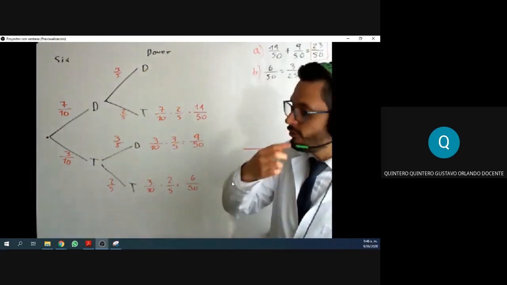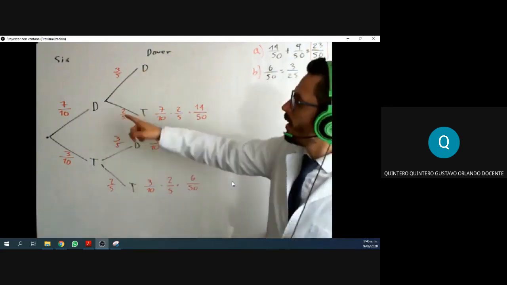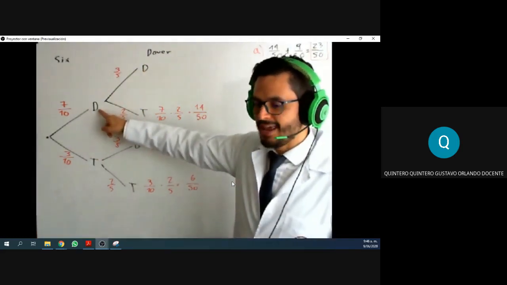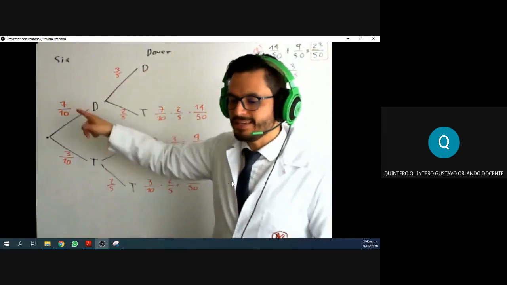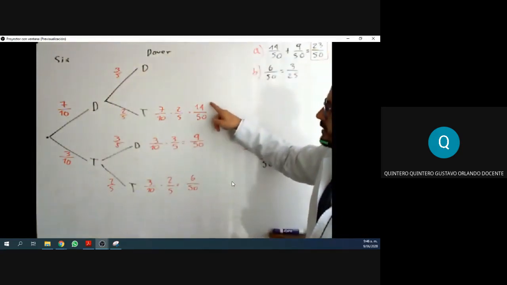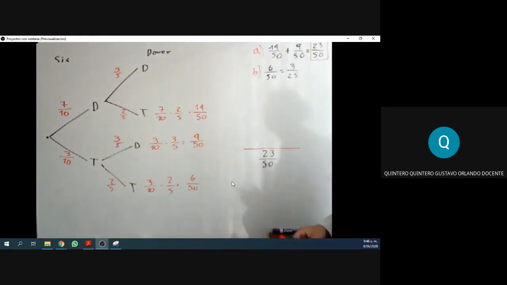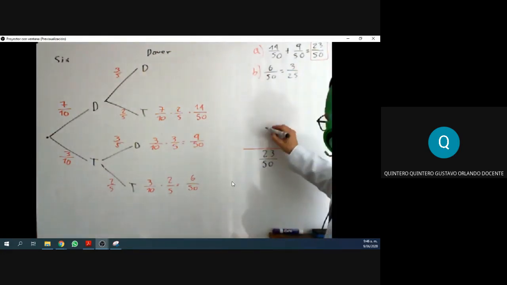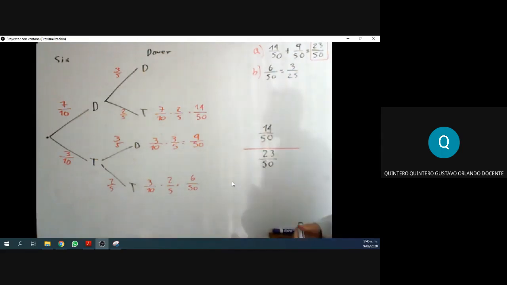So we are looking for both things happening. We want only one delay and that delay to happen at 6th Avenue. So the only option is this one over here, 14 over 50. In other words, 14 over 50 will be the probability on top, in the numerator.